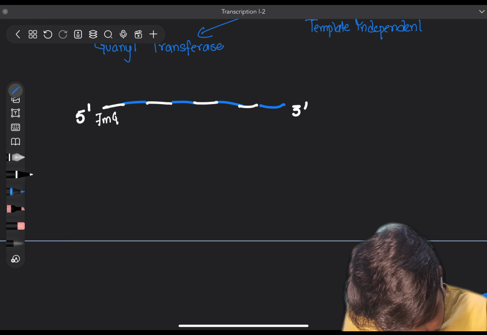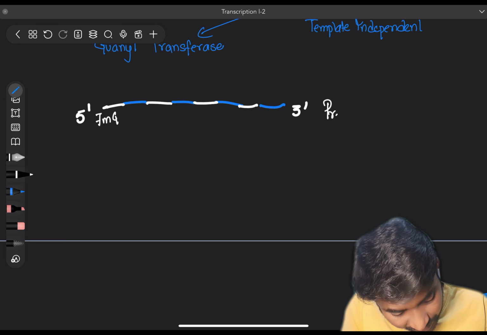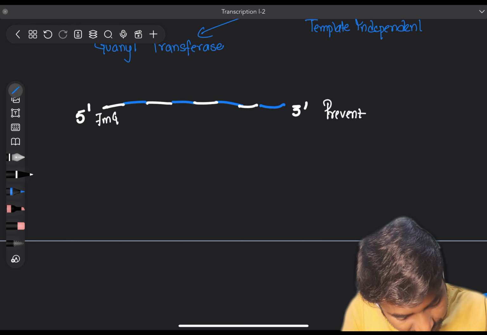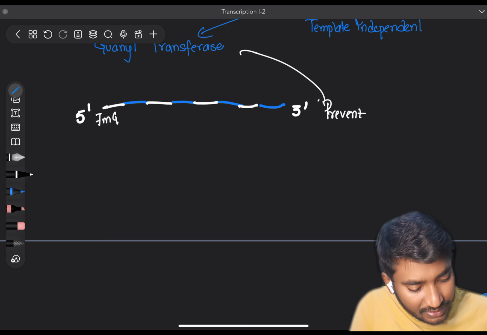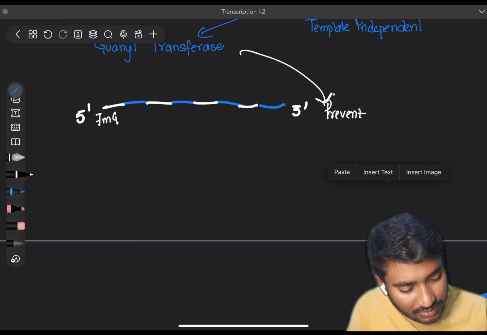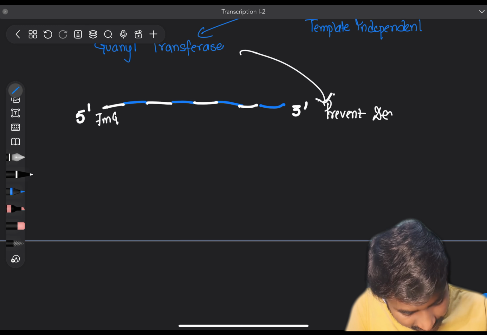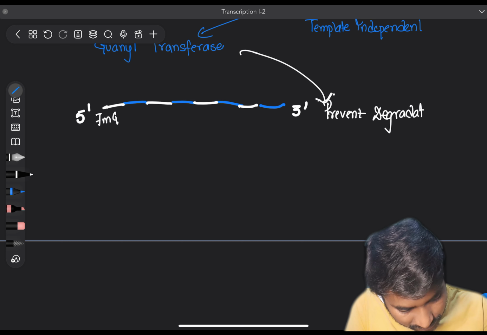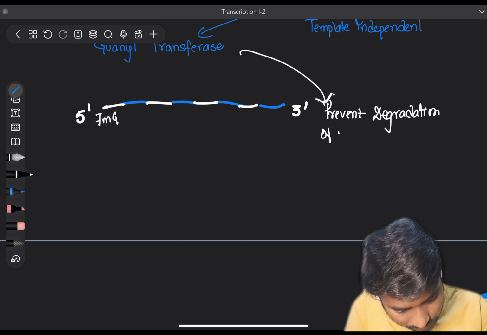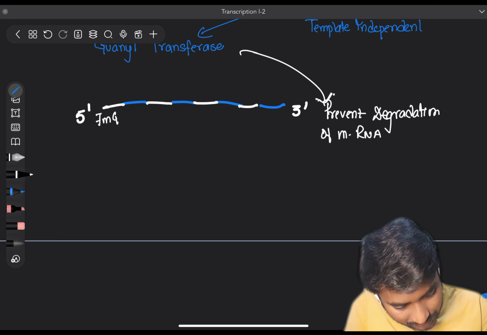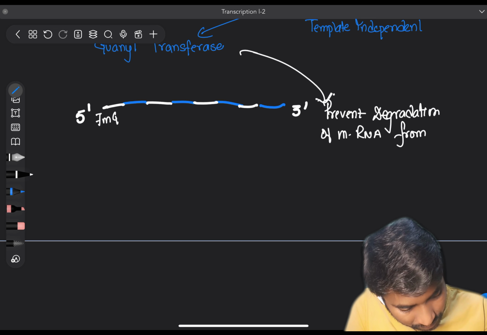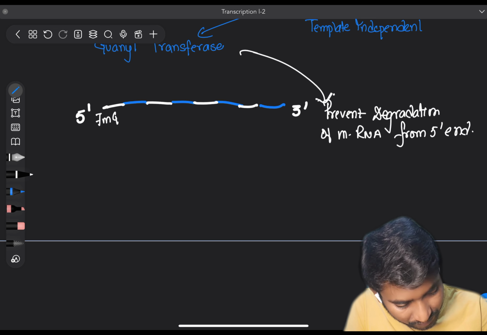This is 7-methyl guanosine. What does the guanyl transferase do? It prevents the degradation of mRNA from the 5' end.